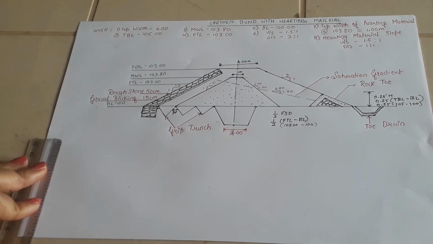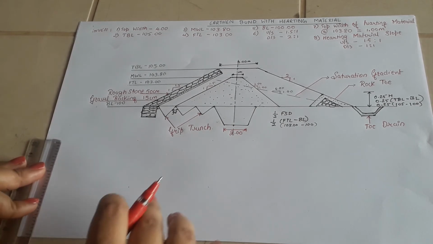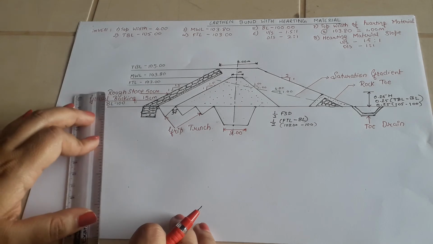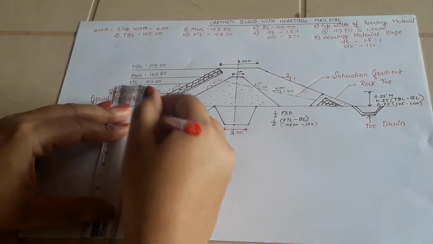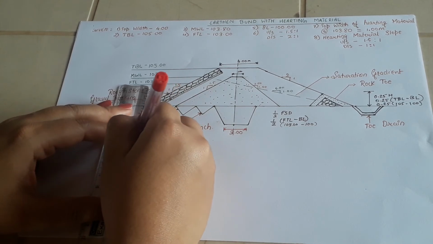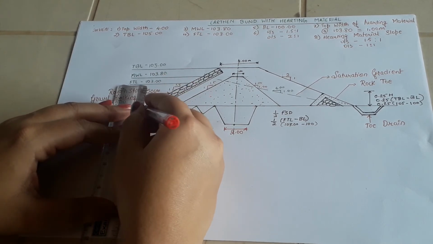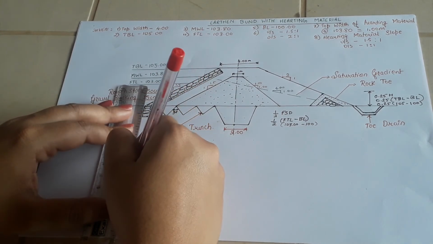So we are done with the cross section of the bund. Next we should show the plan. Therefore, students just extend the lines in the downward direction.